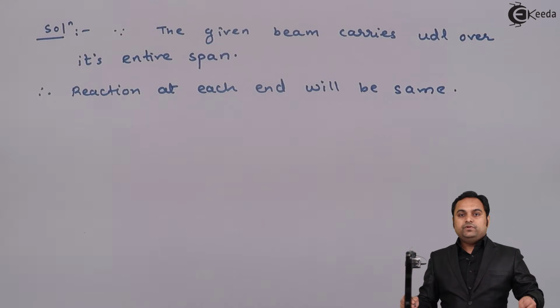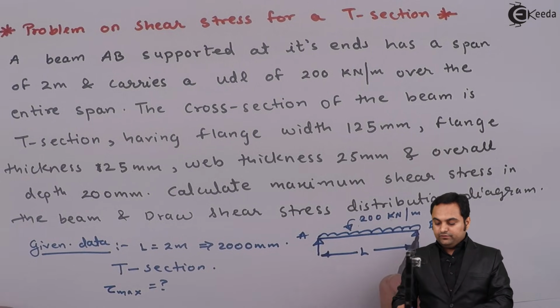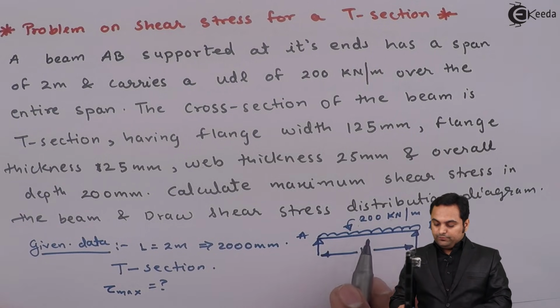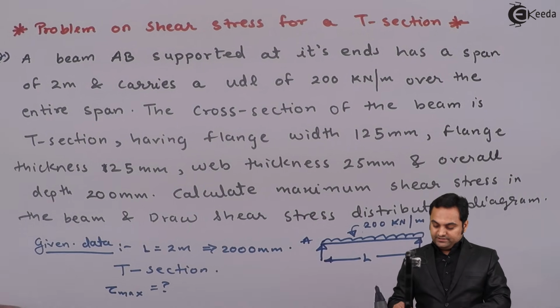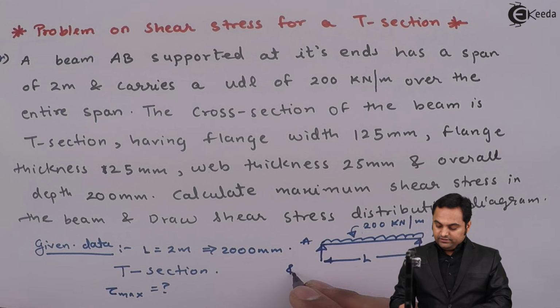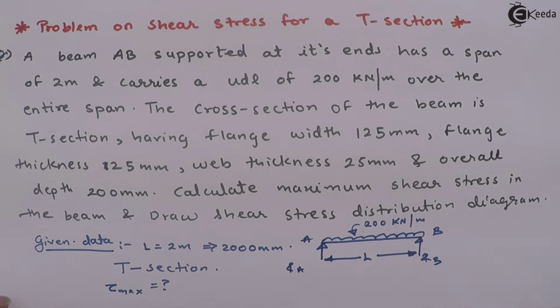Means when we are having UDL over the entire span, then that UDL would be converted into point load, and that point load would be shared equally by each of the supports. As we can see here, at A I'll call the reaction as RA, at B the reaction as RB.